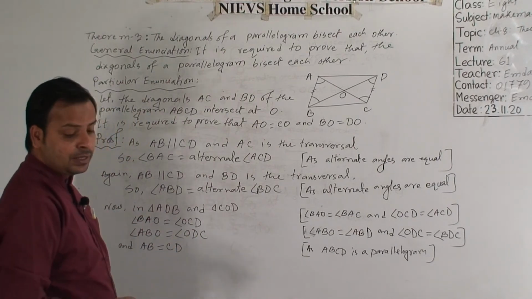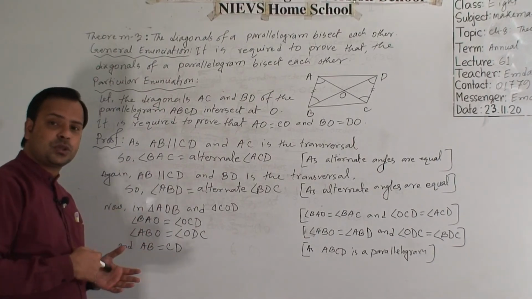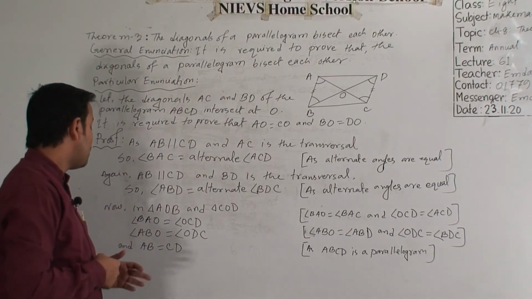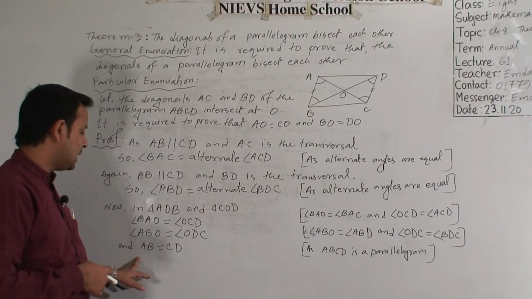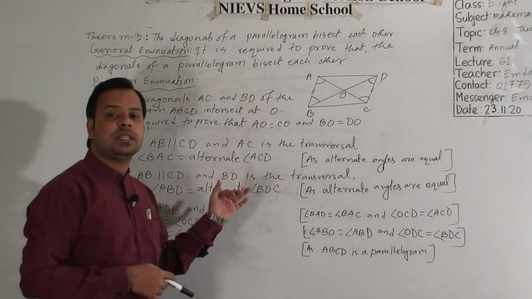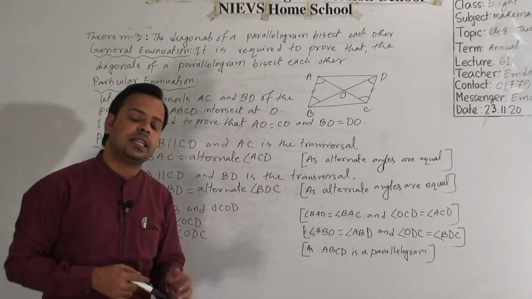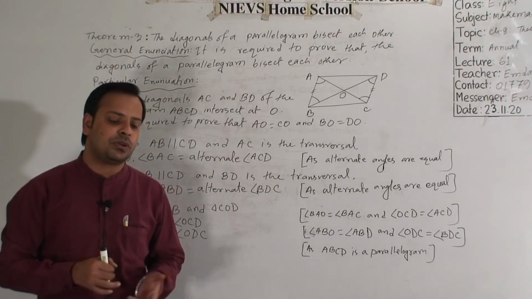Now see, from the congruency of two triangles, we can say when two angles and one side of a triangle are equal to the two angles and one side of another triangle, then these two triangles are said to be congruent.